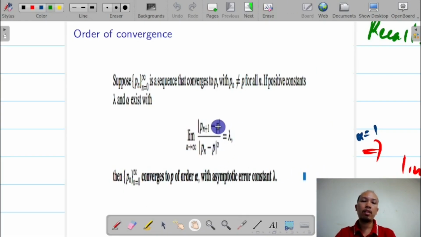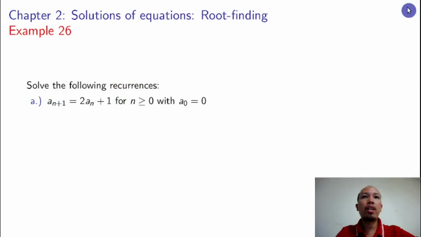If you cannot get the limit of the sequence, then it's hard to evaluate this one, to find the order of the convergence. So that's it for example 26, letter A.